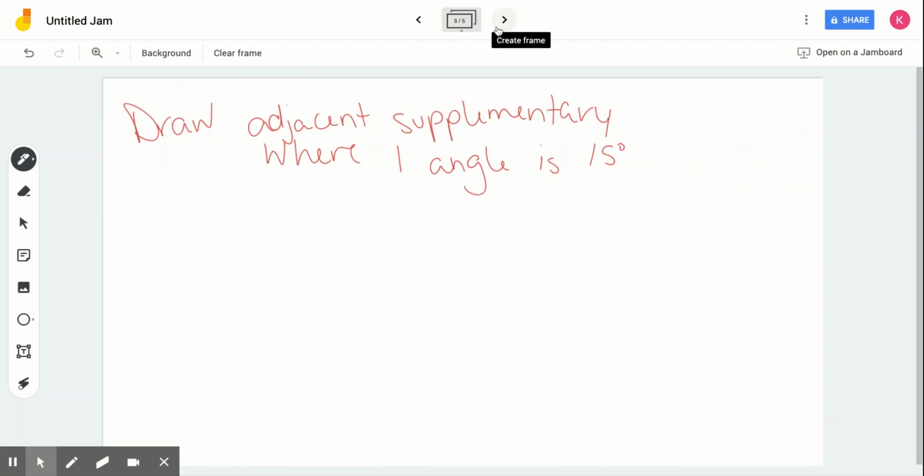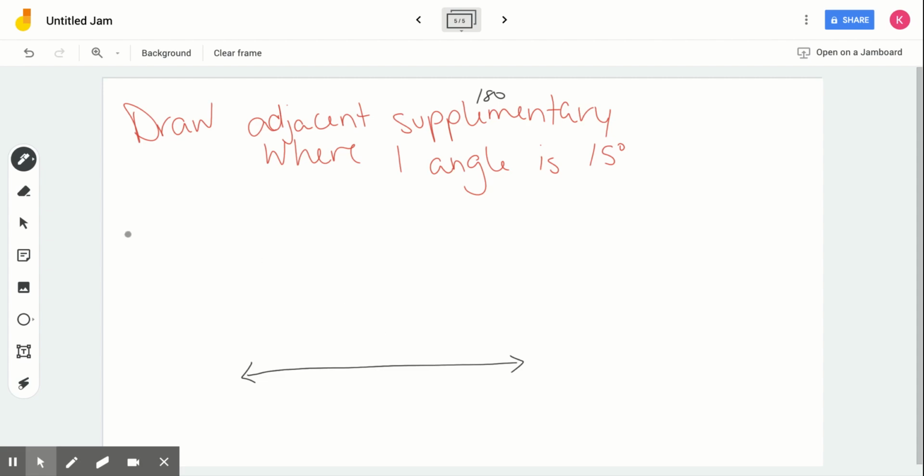Now on the last one for today, it says draw a pair of angles that are adjacent and supplementary, where one angle is 15 degrees. We know that supplementary angles have to equal 180, so they are going to form that straight line.